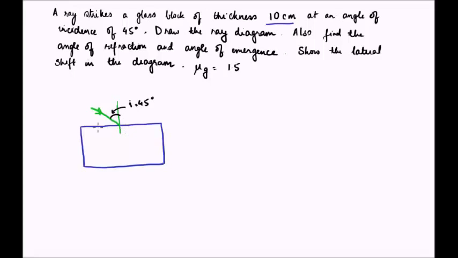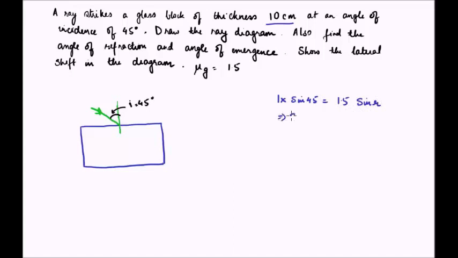Now we have to apply Snell's law at this surface. Here refraction is taking place. So first we need to find out what the angle of refraction will be. For that we will apply Snell's law. Snell's law is mu air, which is 1, times sine of angle of incidence, sine 45, is equal to mu glass, that is 1.5, times sine of the angle of refraction.